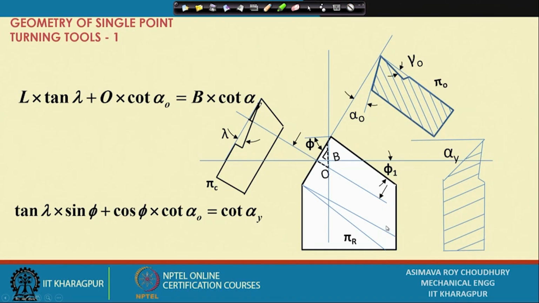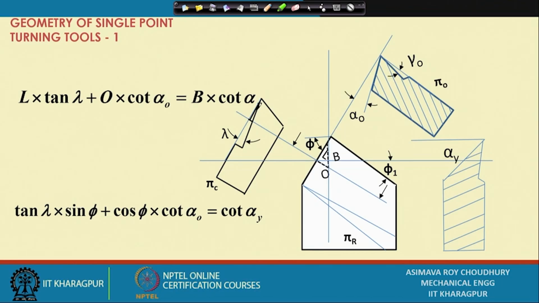Now, as discussed, we are going to have a relationship between the clearance angle in the orthogonal system and the clearance angle in the back rake system, in the back clearance.